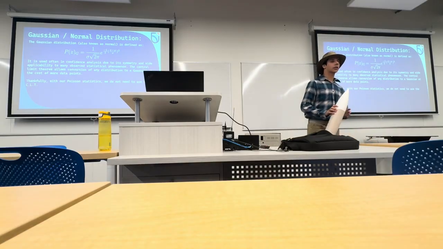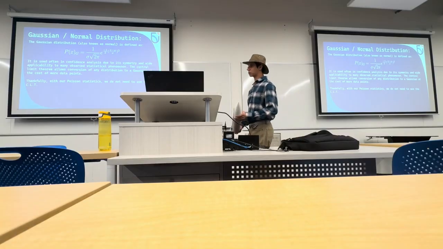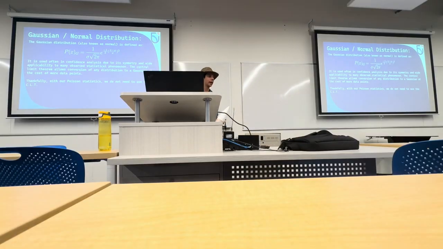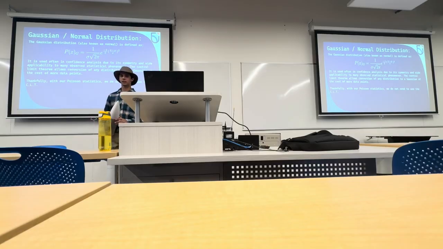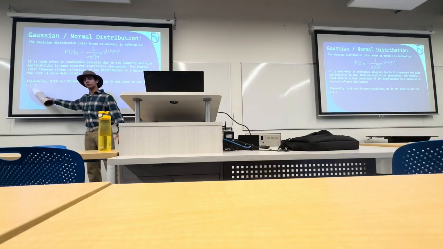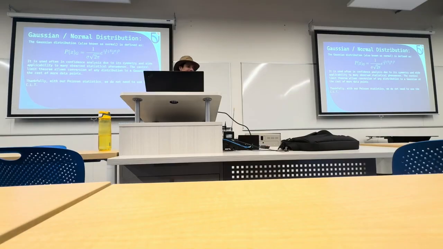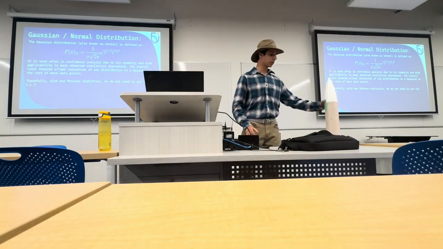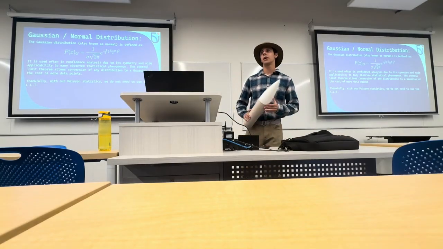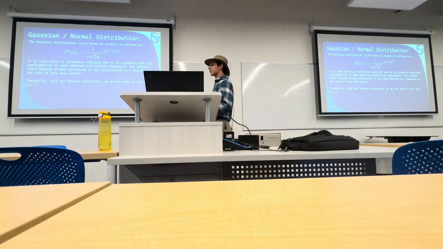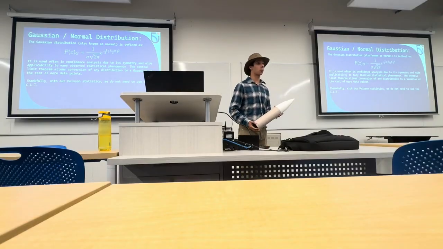Now, does anyone know why we use the Gaussian distribution a lot in math and science and measurement? The hint is right here. It's called CLT. If you remember what the CLT is. So really, a lot of things that happen in nature tend to follow the Gaussian distribution very well.